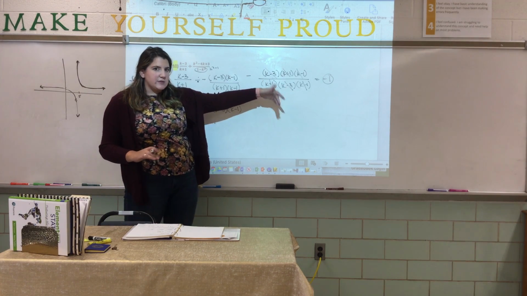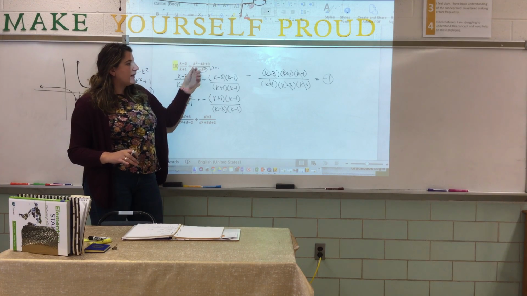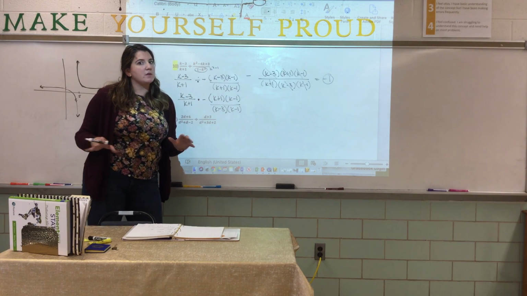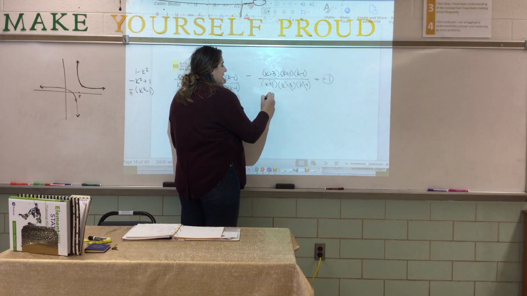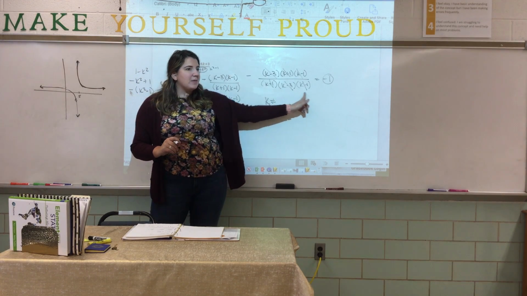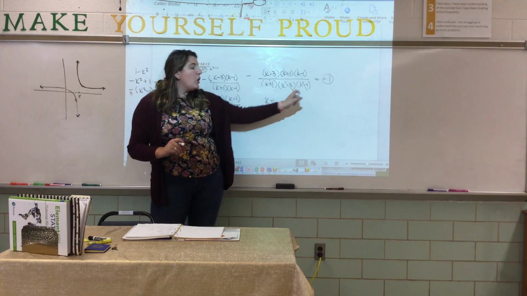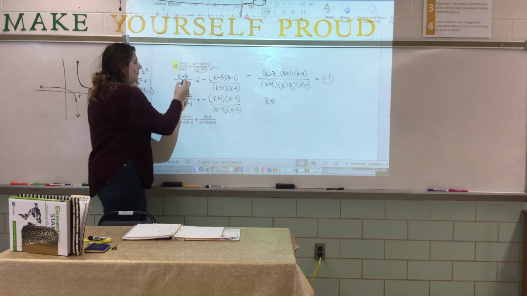Okay, so this is great. You're not always going to get just a constant as your answer. This one just really worked out that way. But I still want to make sure that you're listing the values for which it's undefined. So now we have to list everything that k can't be. So that is anything that is in the denominator once you do your multiplication, or anything that ever was. So we have to do it in this step.